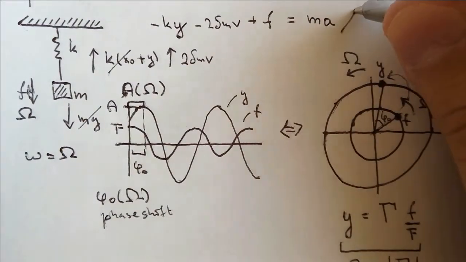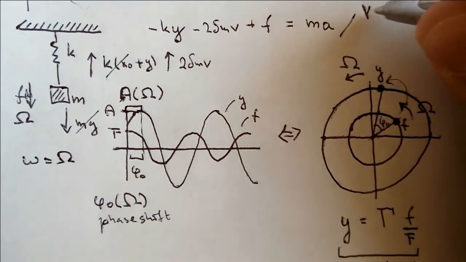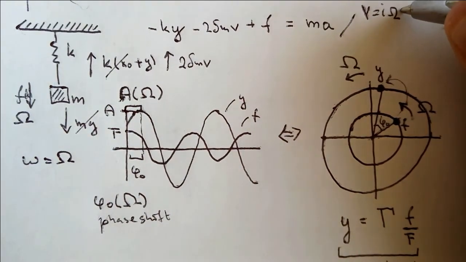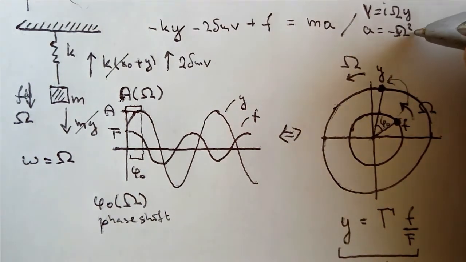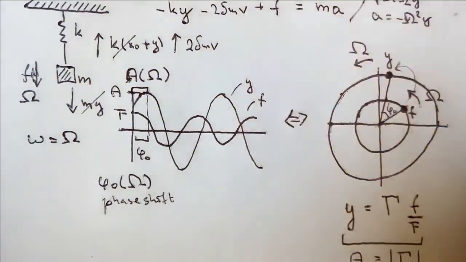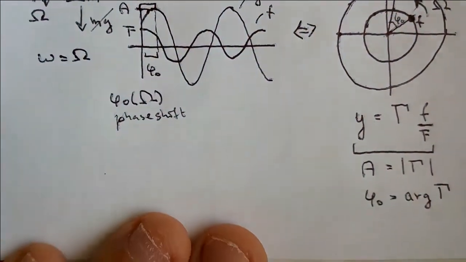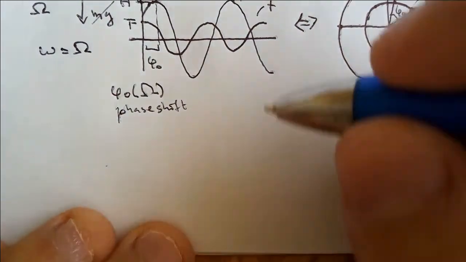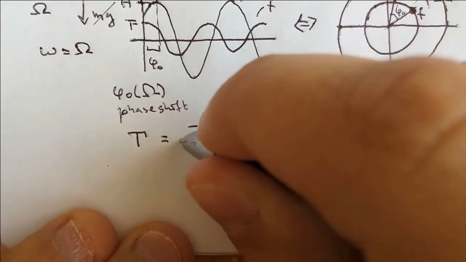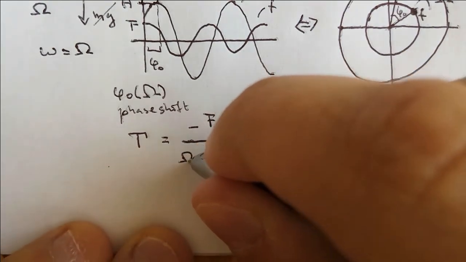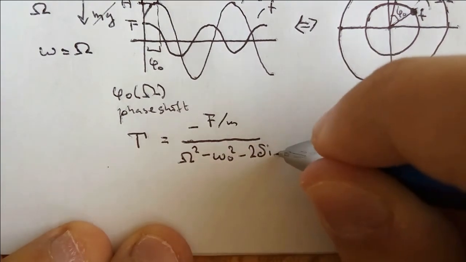When you substitute in the velocity, which is i times omega y, and you substitute in a, which is minus omega squared y, and you substitute in f as this, you can derive the expression for gamma as follows: gamma is minus f divided by m, divided by omega squared minus omega 0 squared minus 2 delta i omega.